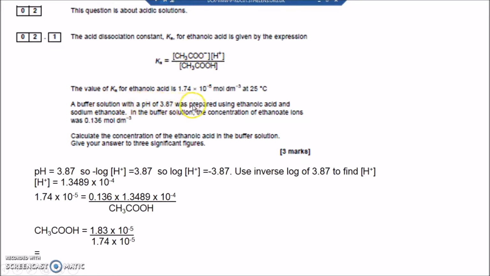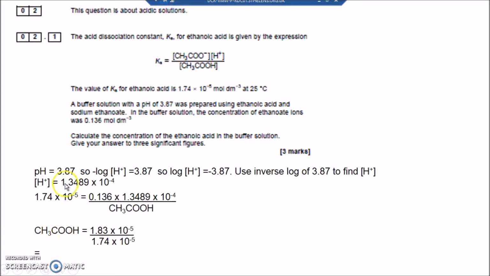In the buffer solution, the concentration of ethanoate ions, those on the top, was 0.136. I've got to work out the concentration of ethanoic acid on the bottom, so I've got all the values I need now.